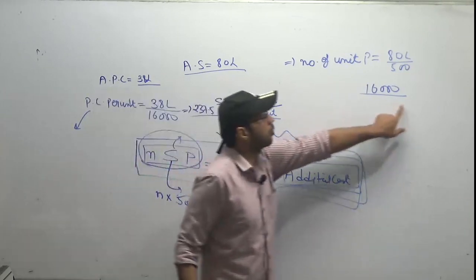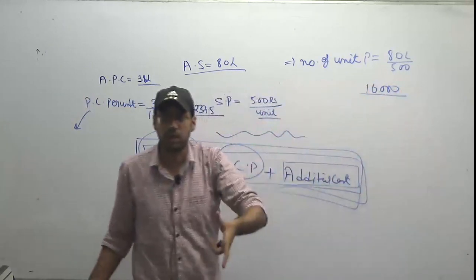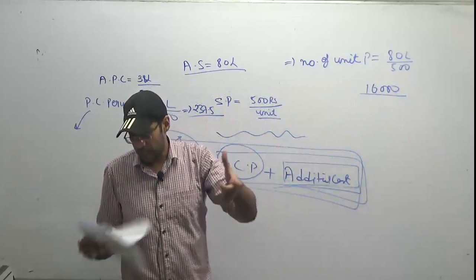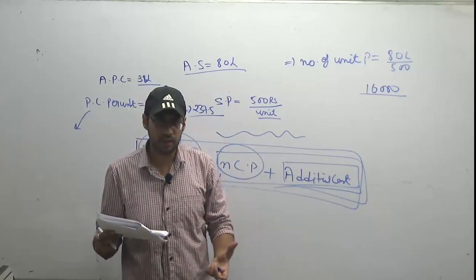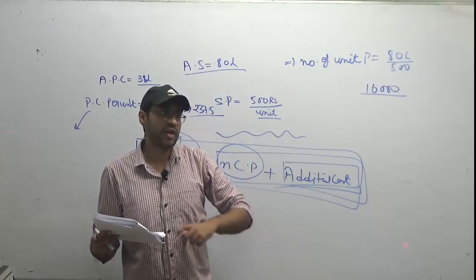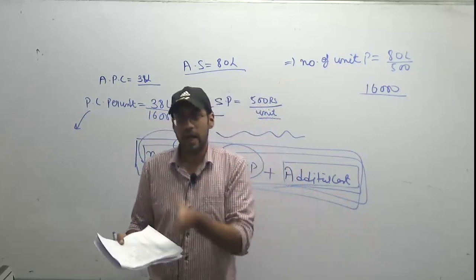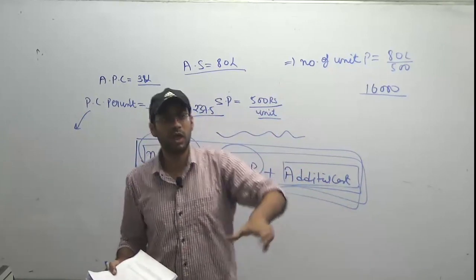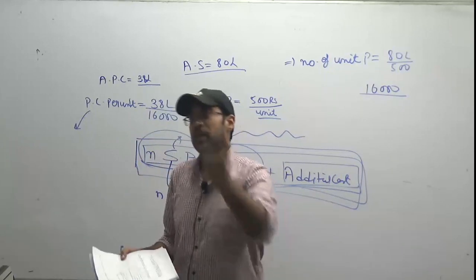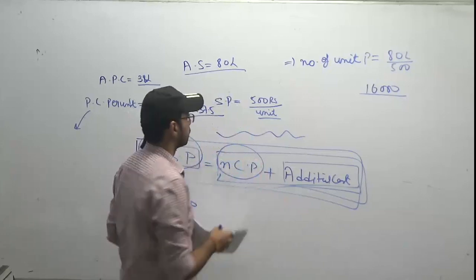We are not going to place the number of units here because N is the total number of units that we are calculating. If I sell those units, I get some amount, and that amount is equal to the total amount that I spend on those N units, and that is your break-even point.